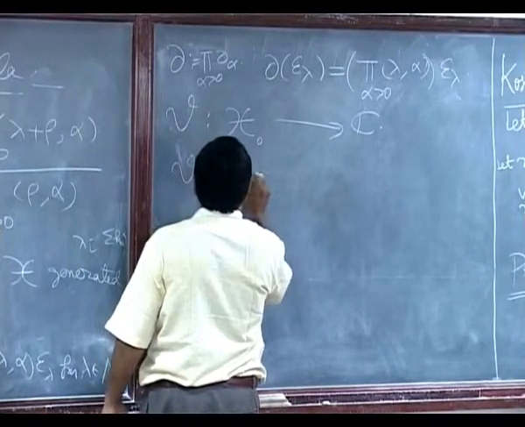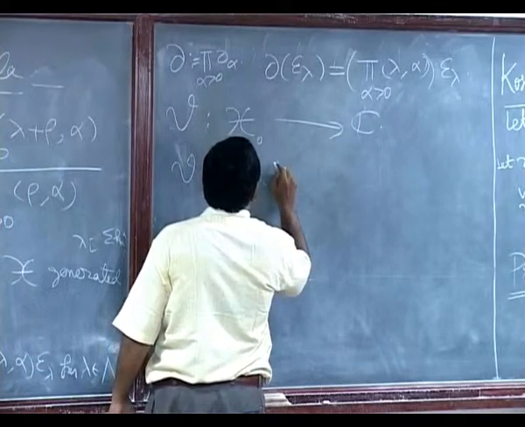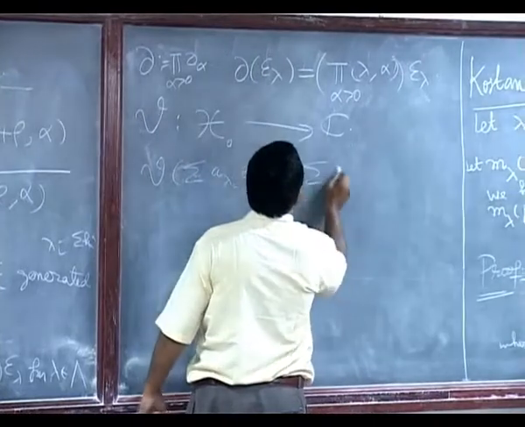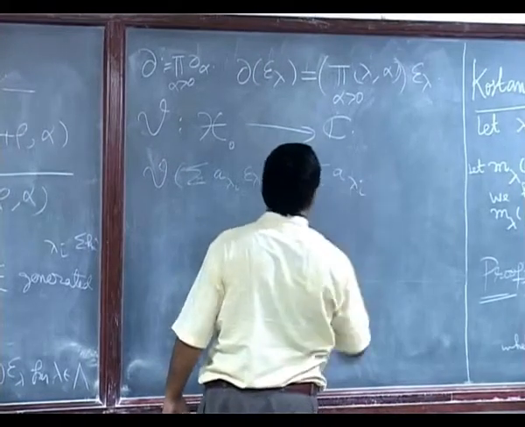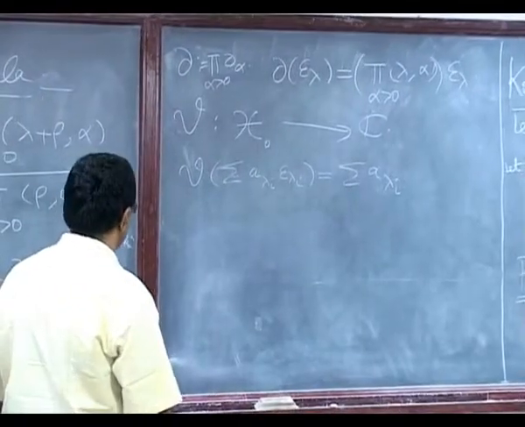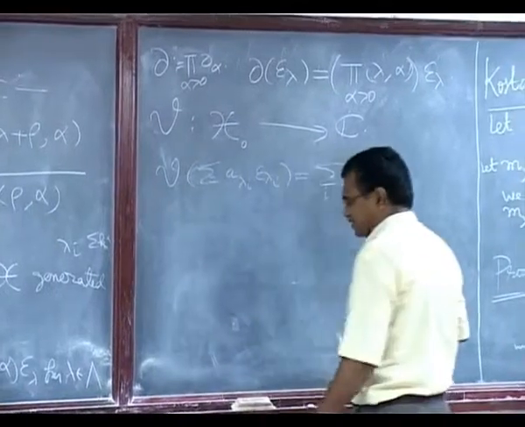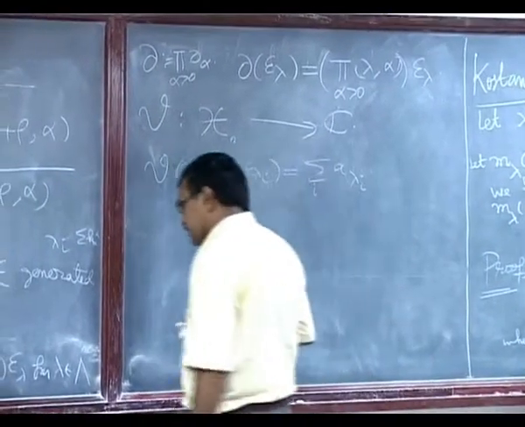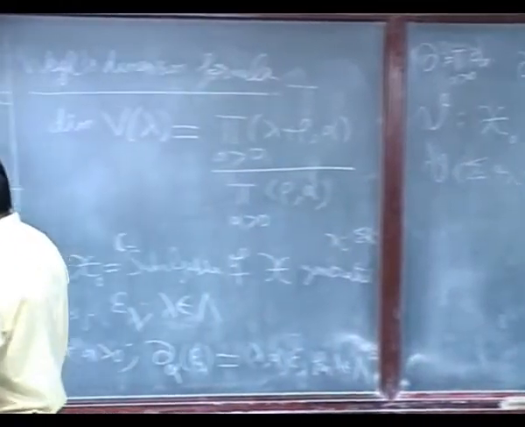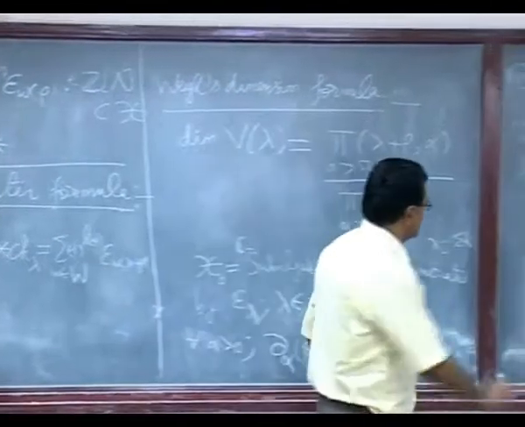So if it is of the form sigma a lambda I, lambda I, this is sigma a lambda I. So the sum of the values is defined. Now I use this and the formula to prove the Weyl dimension formula.